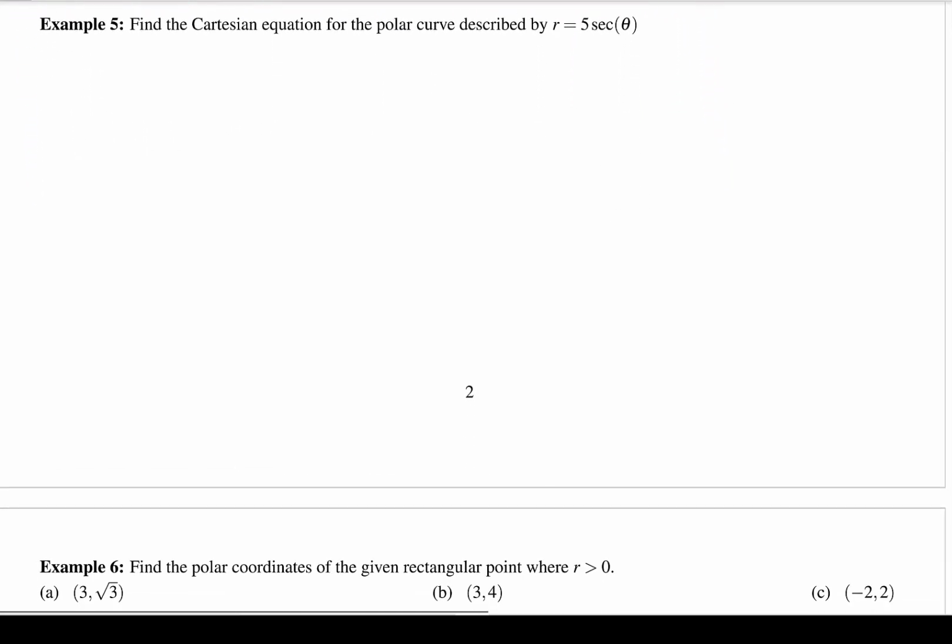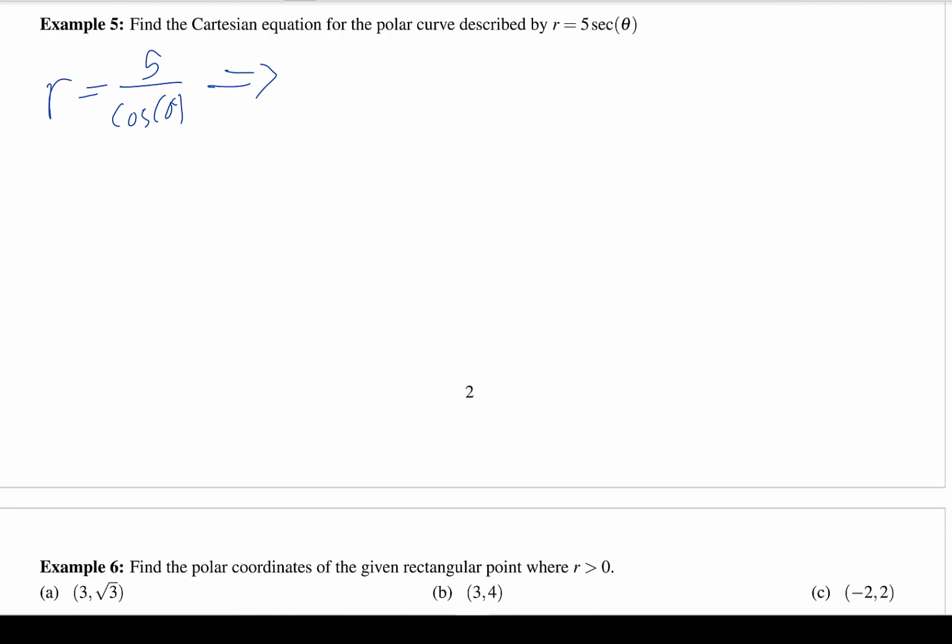Okay. Now, for example 5, we have another equation. So this is going to be r equals 5 secant theta. And at first, this looks a little bit intimidating, and looks like it could be pretty difficult. But what I'm going to do is transform secant theta into 1 over cosine theta. So this is going to be r equals 5 over cosine theta.